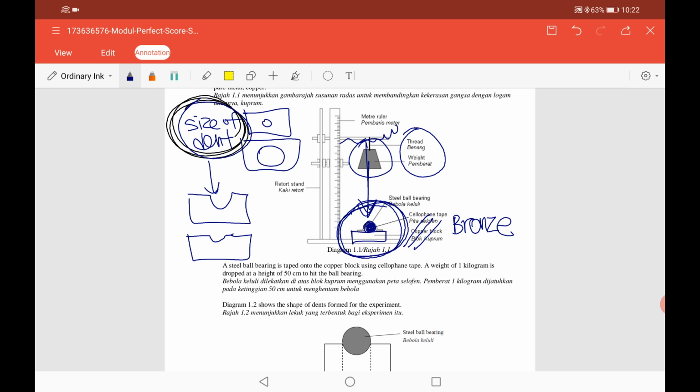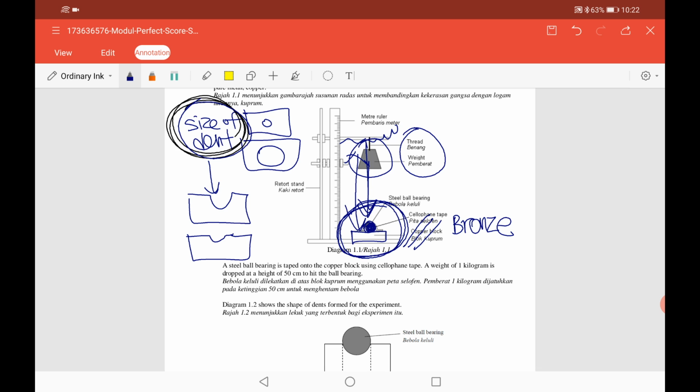You cannot use 1 kilogram in the first experiment, drop it, and then use 4 kilograms in the second experiment. It's unfair, because if you use different weights hitting the steel ball bearing, the size of the dent will be very different. So we need to control the weight. What else can you control? The height from which you drop the weight.